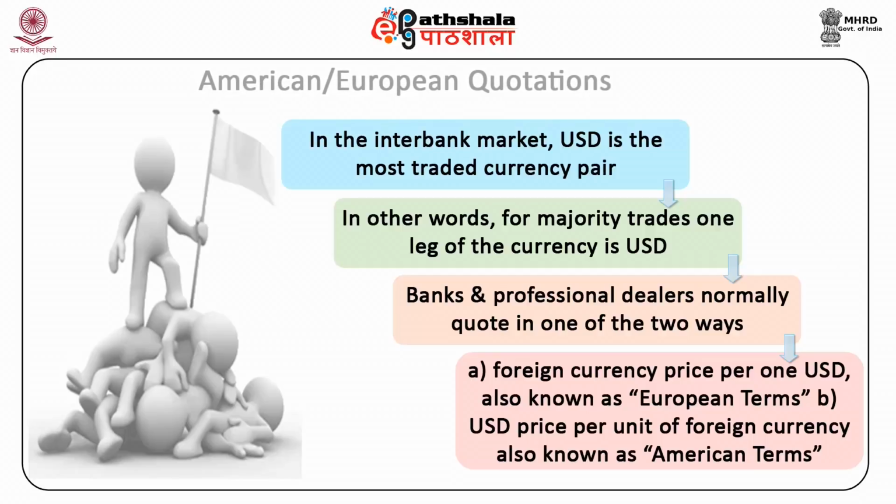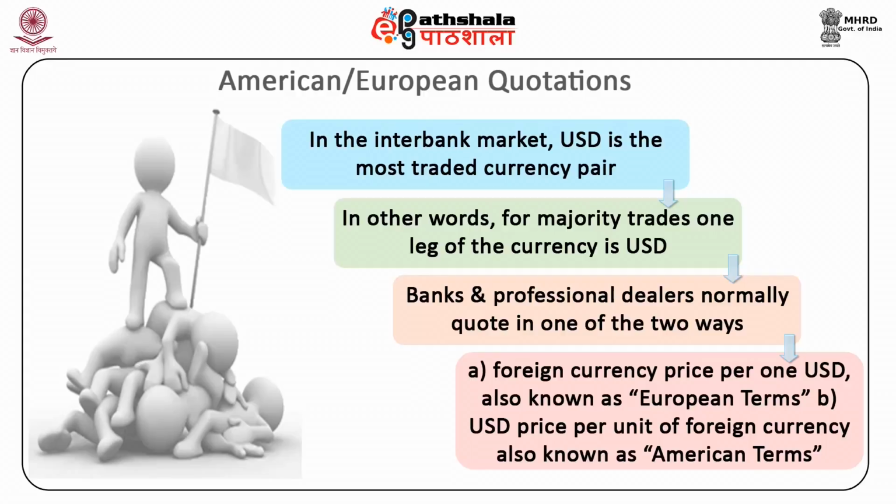B. USD price per unit of foreign currency, also known as American terms. For instance, INR 48.25 by USD is in European terms, while USD 0.0207 by INR is in American terms.